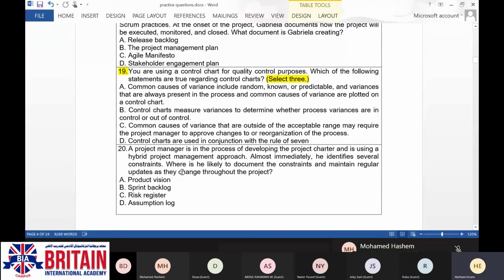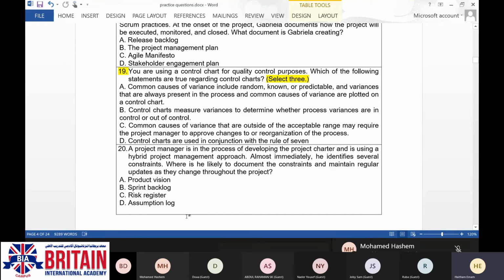So again, for this question, he defines several constraints. Where is he likely to document the constraints and maintain regular updates as they change throughout the project? Product vision, sprint backlog, risk register, or assumptions and constraints log.